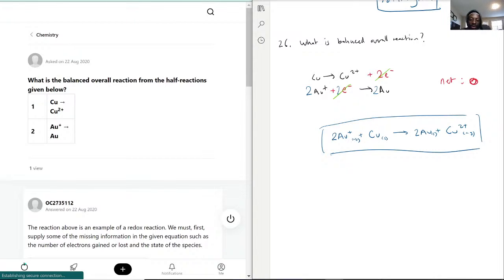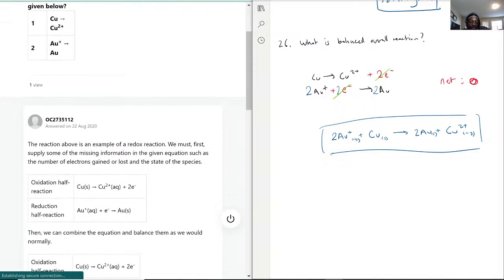And that copper is going to be dissolved while you're forming more gold on, I believe, the cathode part. Don't quote me on that, but that's the concept of redox in terms of how electrons are moving from one place to the other.